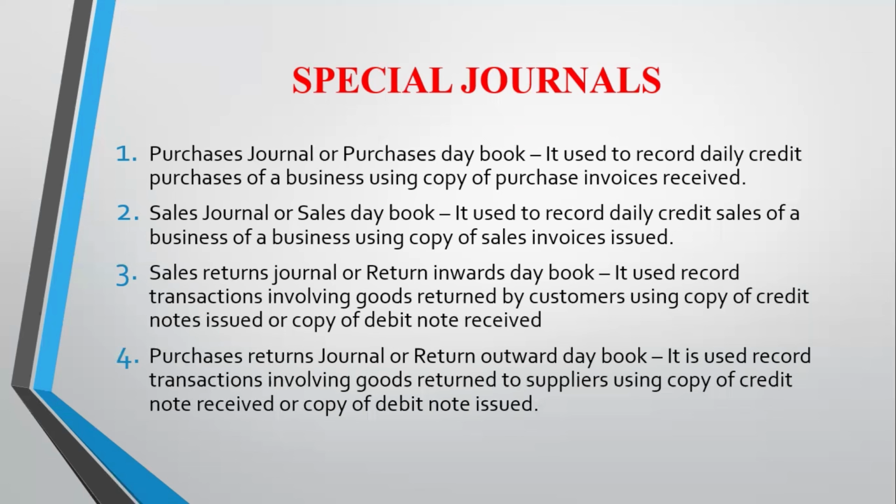And after receiving the goods, we find one or two reasons we want to return the goods back to the supplier. So when we are returning the goods back to the supplier, it will be recorded in the returns outwards journal. That is all very simple.